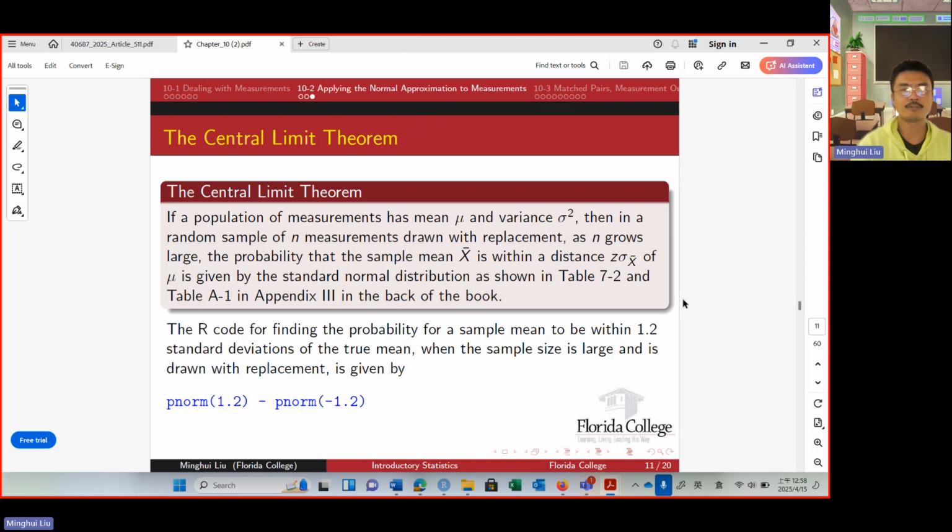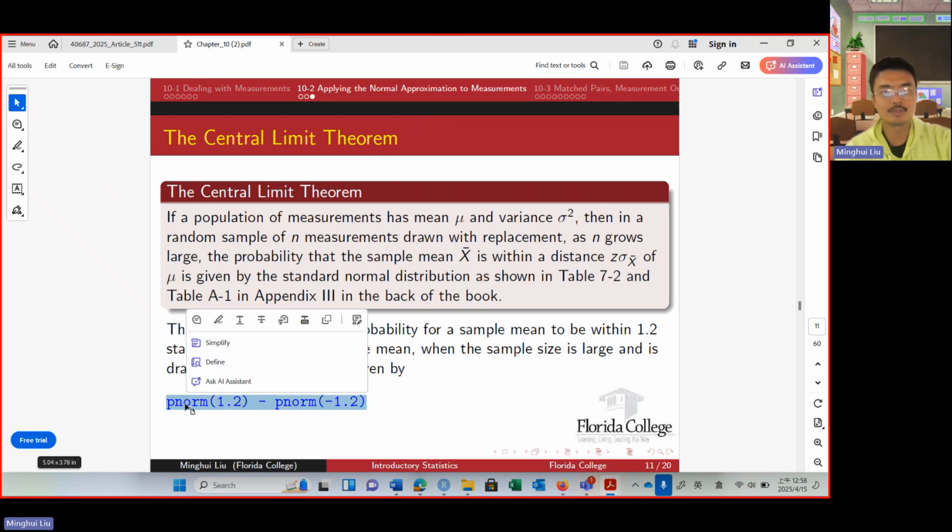So if this sounds confusing to you, just remember this. When you have a very, very large sample size, the sample mean will basically follow the standard normal distribution. So if you have a large sample, then the probability for the sample mean to be within 1.2 standard deviations away will be calculated by this code.